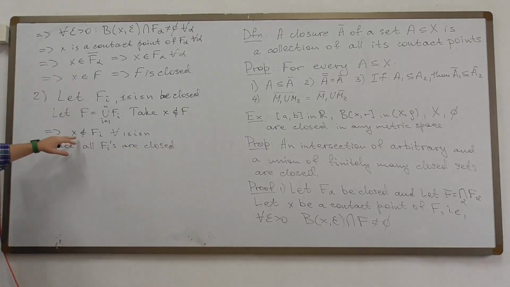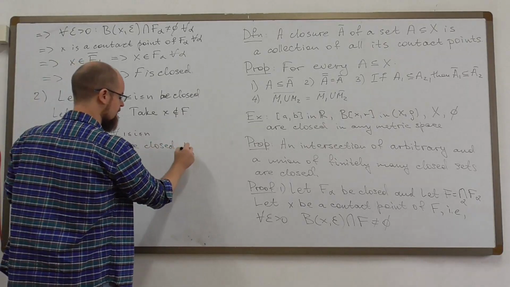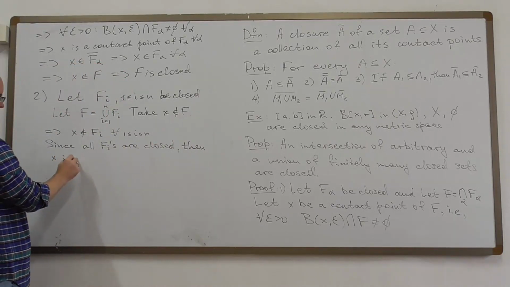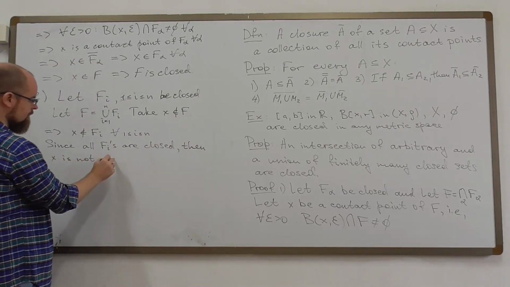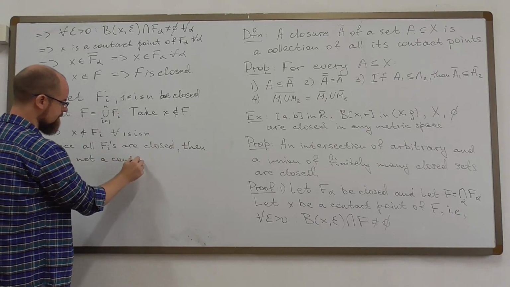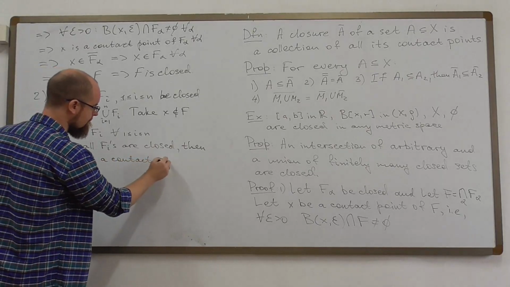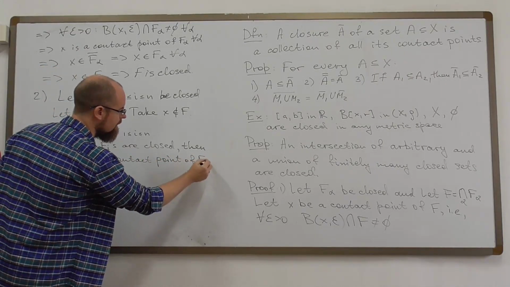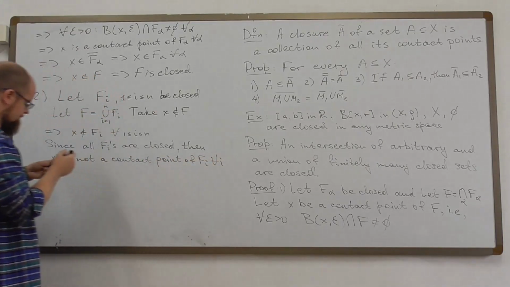Since all of these sets are closed, the fact that X does not belong to this set means that it does not belong to the closure of this set. So then, X is not a contact point of Fi for every i.